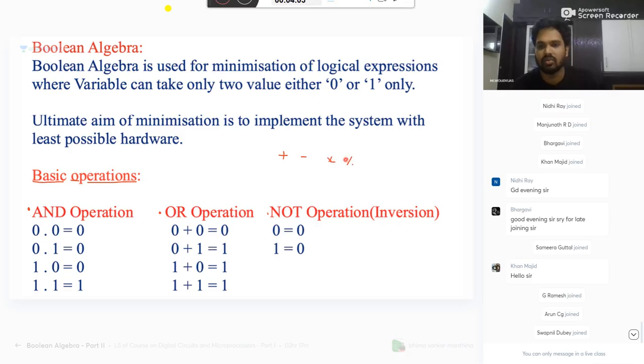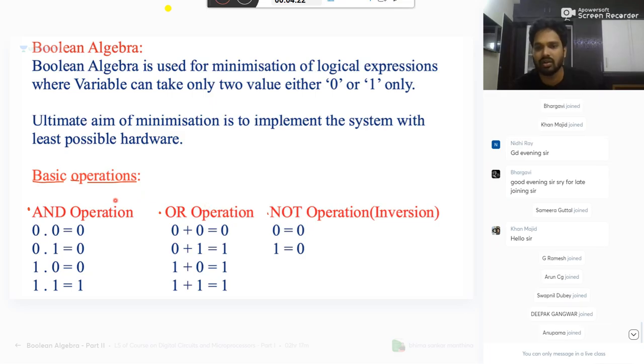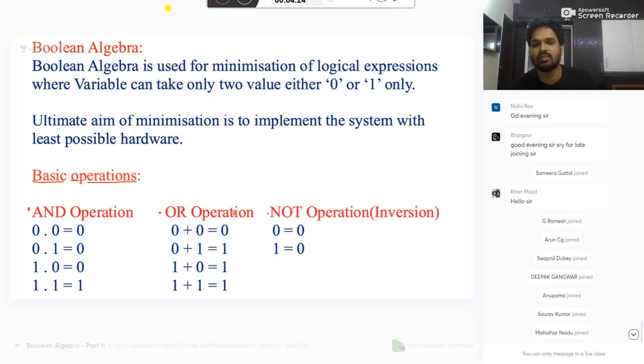These are nothing but operators which will perform some operations. Similarly, in Boolean algebra, we have the basic three operations: AND operation, OR operation, inversion. Any function is a combination of these three only.